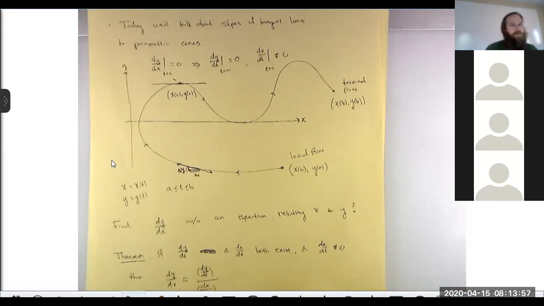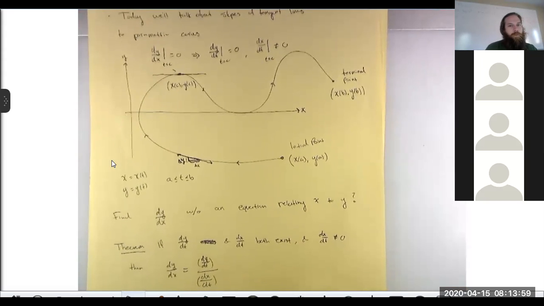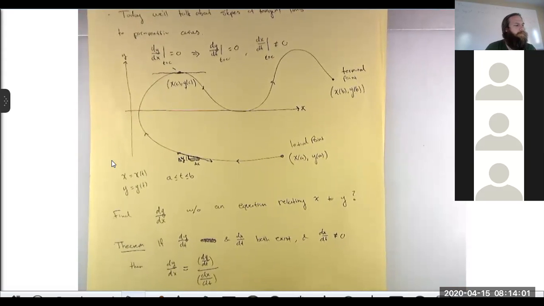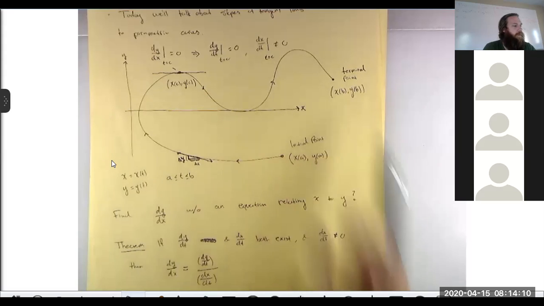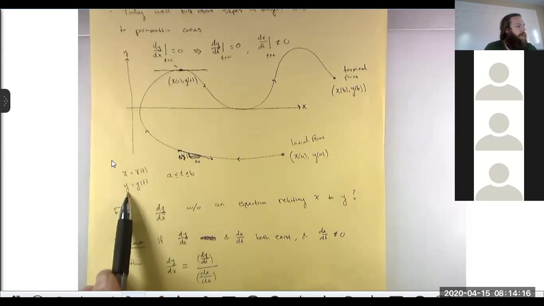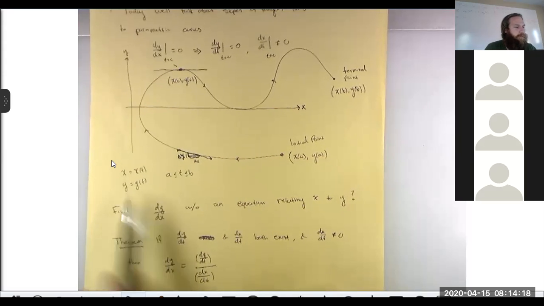Okay, so take a look at this formula and then take a look at what we're saying above and see if you can make sense of it. dy/dx, the slope of the tangent line to this curve, is equal to dy/dt divided by dx/dt. But since x and y are both given as functions of time, hence the dt derivatives here, this is going to be given as a function of time.